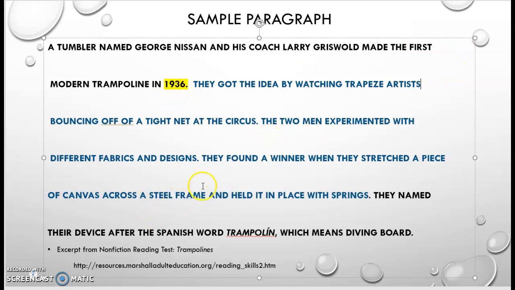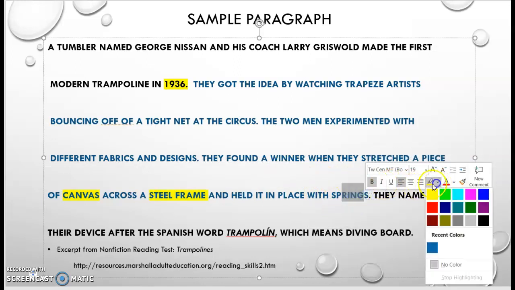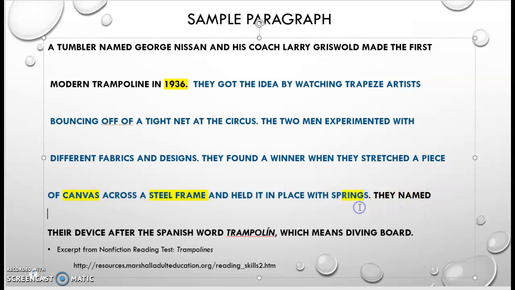Another important point would be that when they finally figured out how to do it, not only did they use canvas, they used a steel frame, and they held it in place with springs. Again, important points to consider, because that is why the trampoline worked.